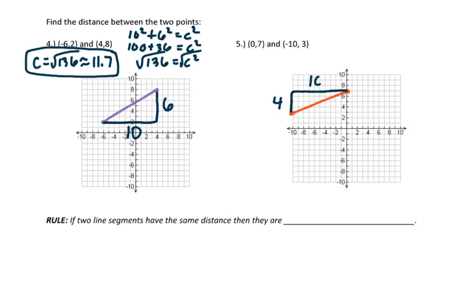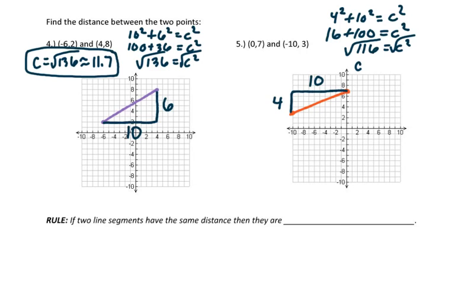So that's 10 apart. So 16 plus 100. Square root, not pretty. So we could also estimate it to be 10 point something. I'm not sure. 10.8. Whoop whoop.